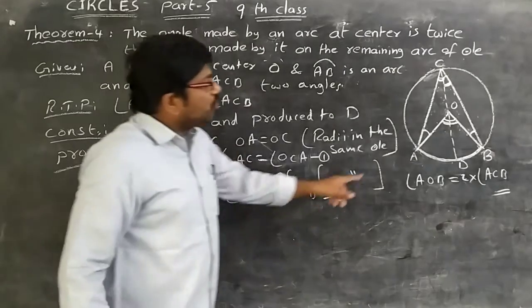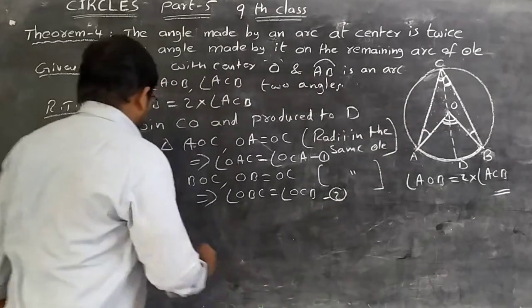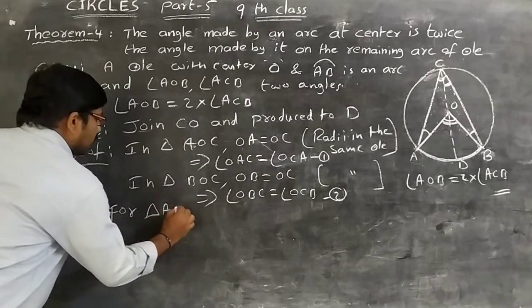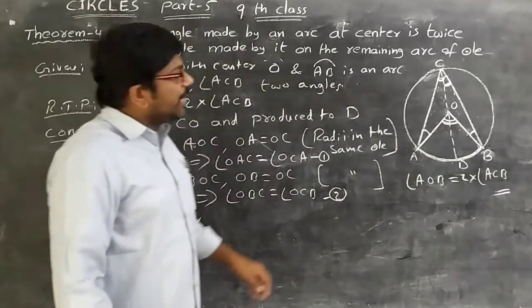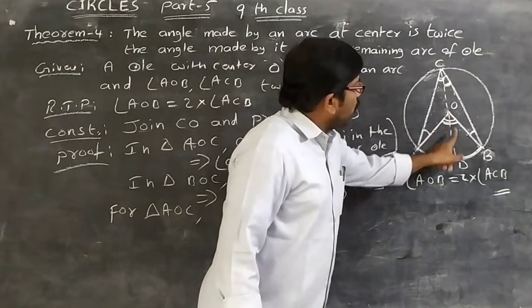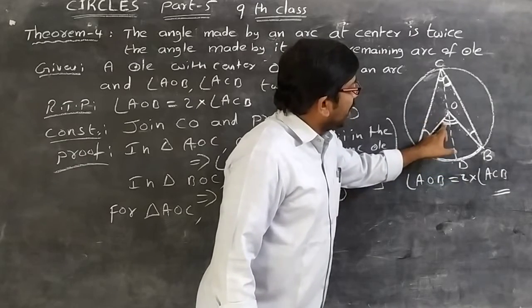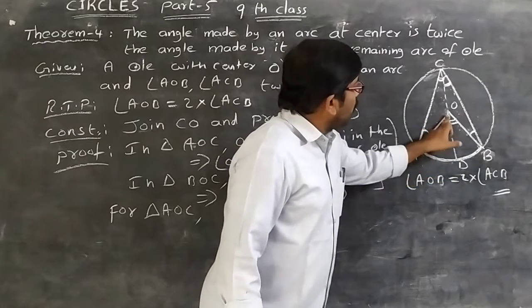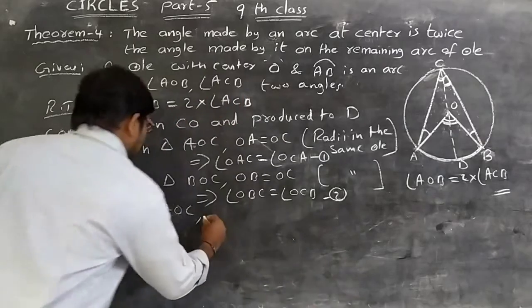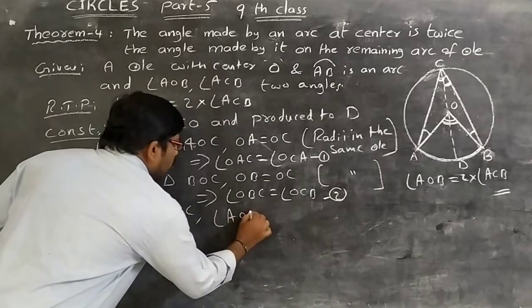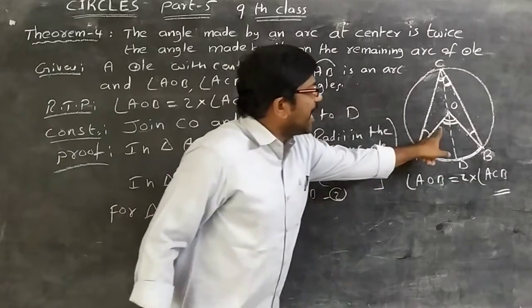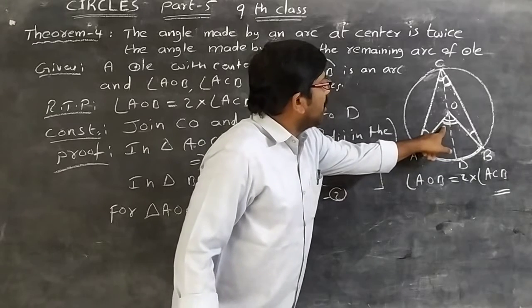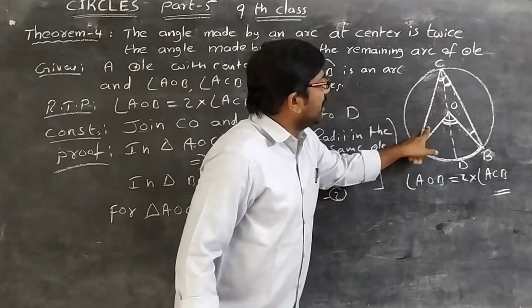For triangle AOC, angle AOD is the exterior angle, equal to the sum of its opposite interior angles.